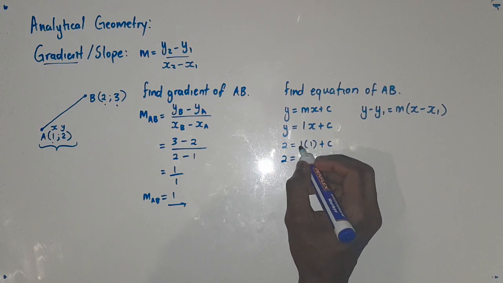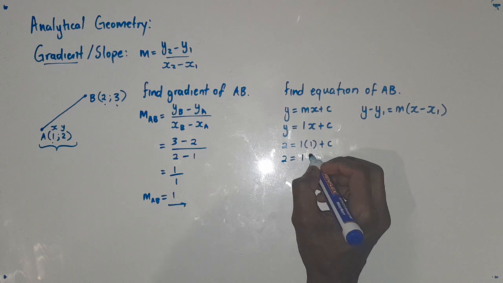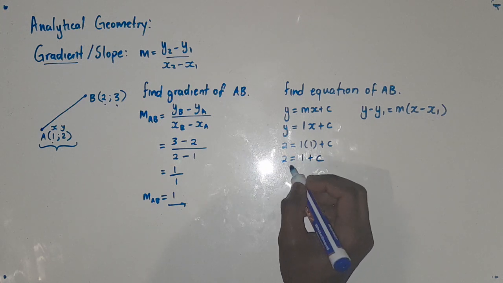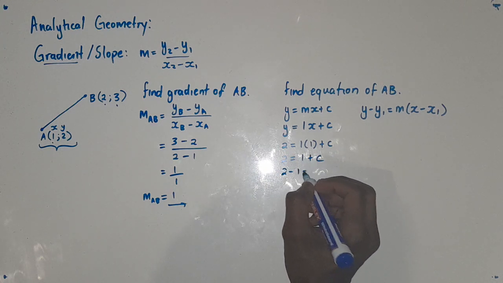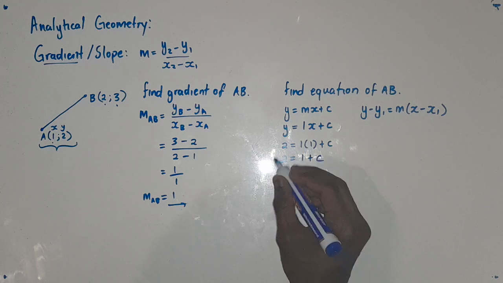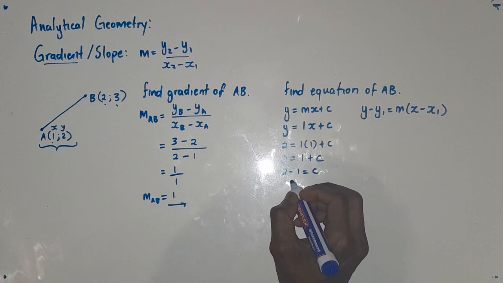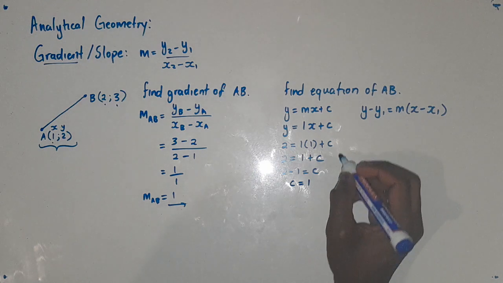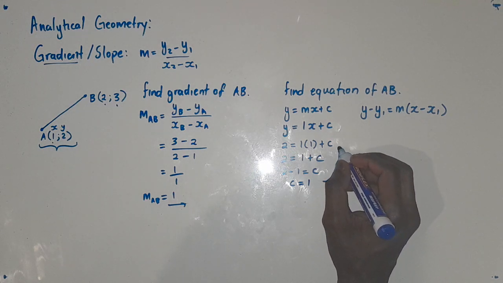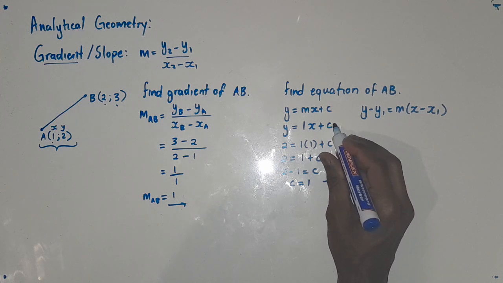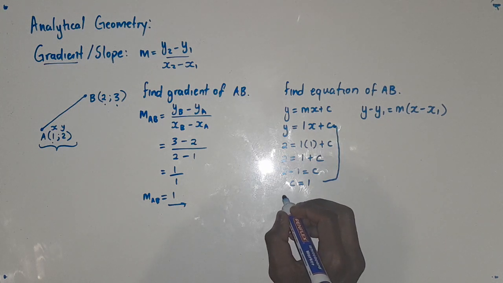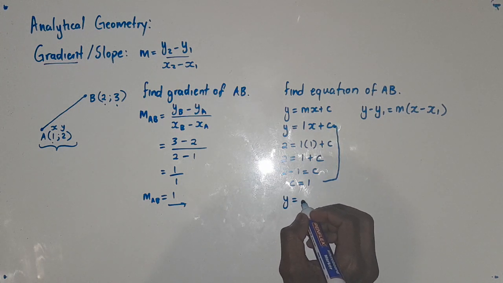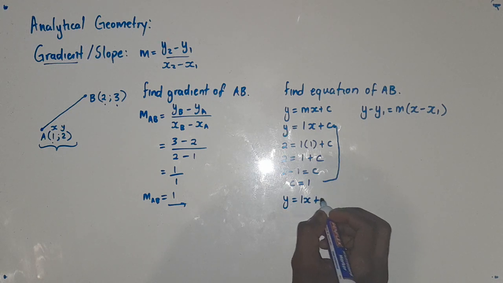Then we have 1 multiplied by 1, we get 1. C, if we say 2 minus 1, like this, we take 1 to the left hand side, we are going to get c, which is 1. You see? Then now we can then go and substitute this value to this equation. Then now it's going to look like this, y equals x plus 1.